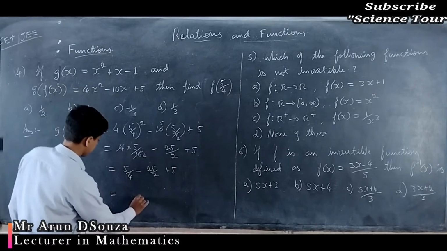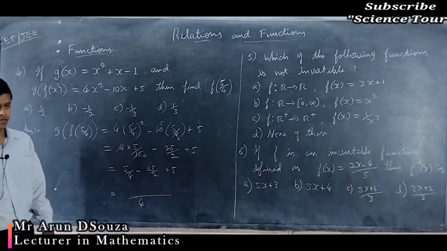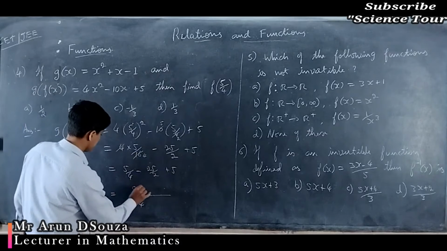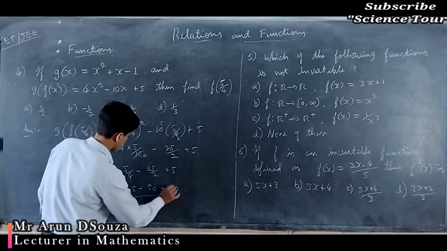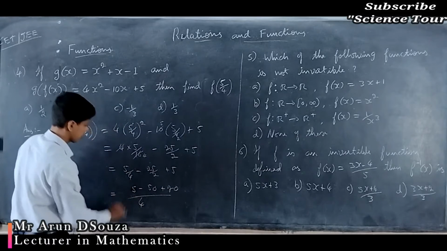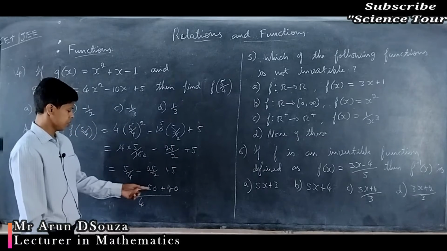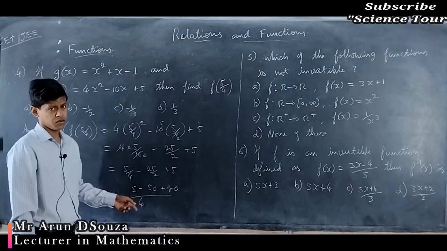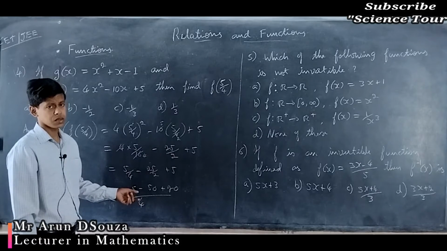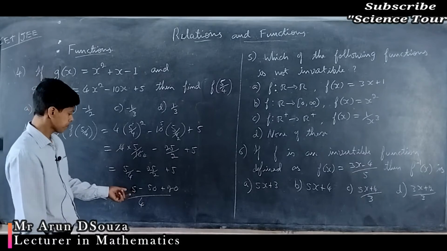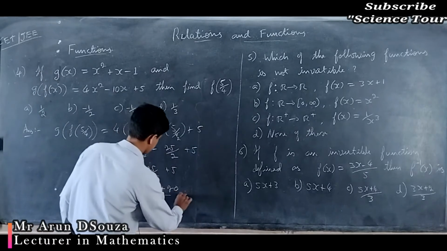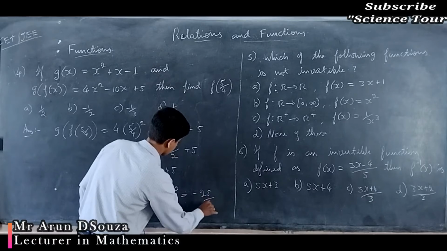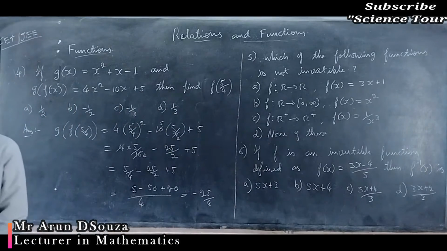So you can take the LCM 4, and that will be 5 here, minus 50 plus 20. So this is like 25 minus 50 by 4. So this is minus 25 by 4, correct?